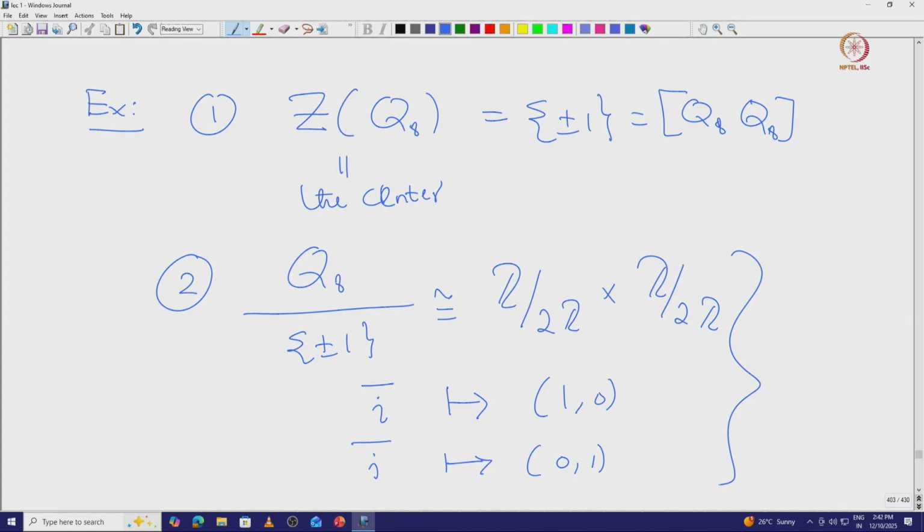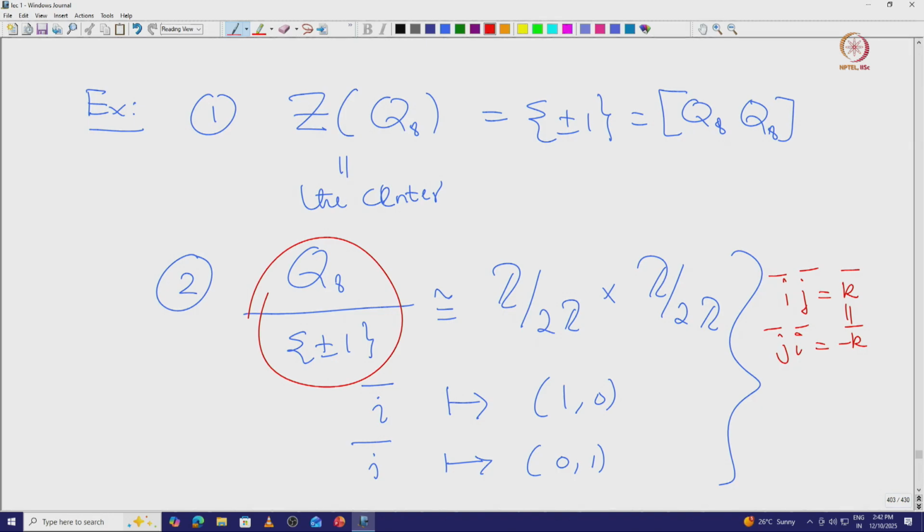This is easy to see because when you multiply i and j you get k, and j i gives us minus k. When going to the quotient, k is the same as minus k. That is why i bar and j bar commute in the quotient, and both of them have order 2. Since the quotient has order 4, it must be isomorphic to Z modulo 2Z cross Z modulo 2Z.